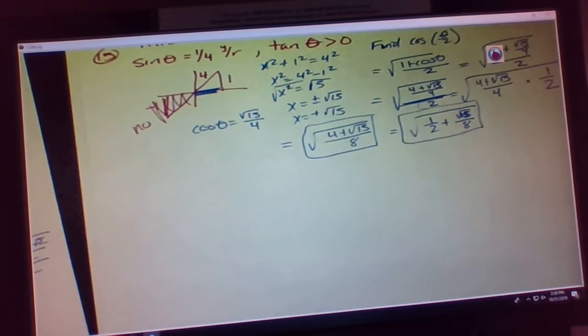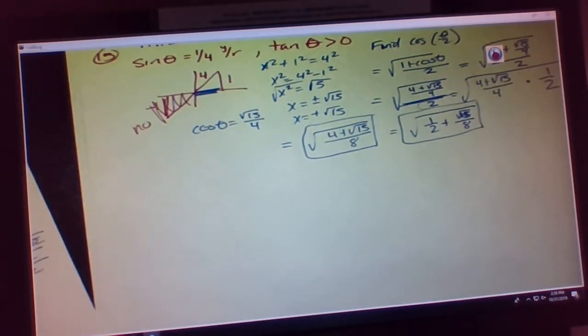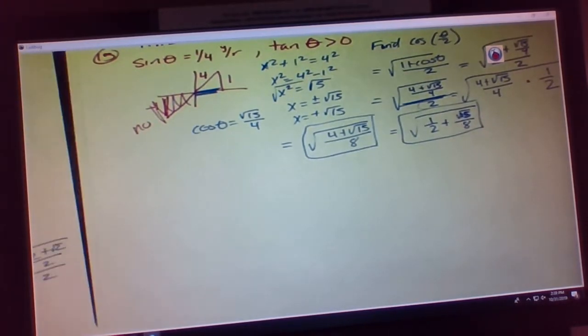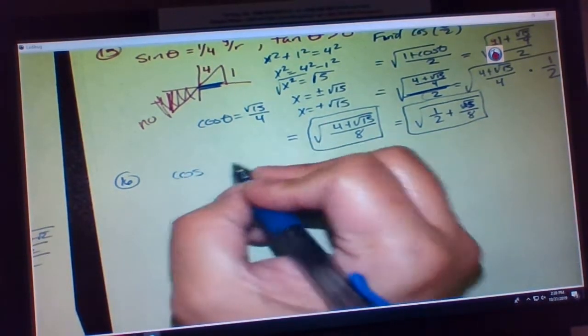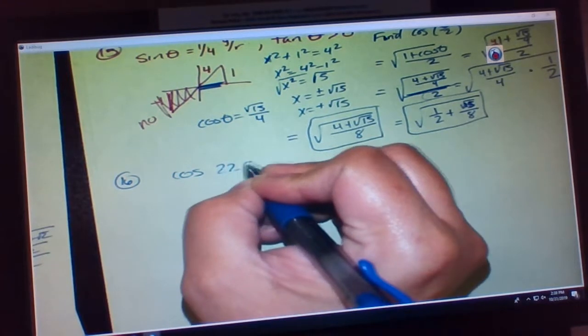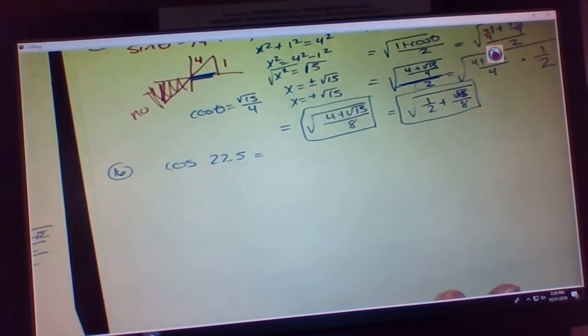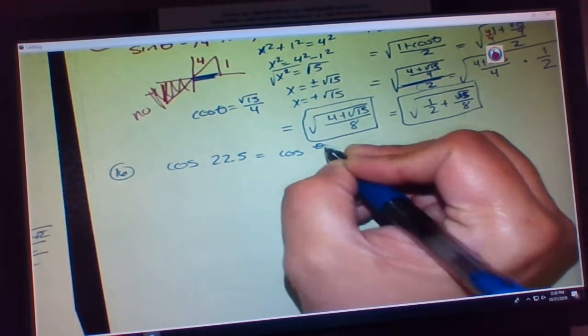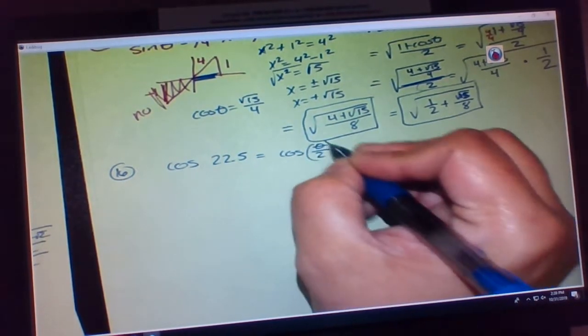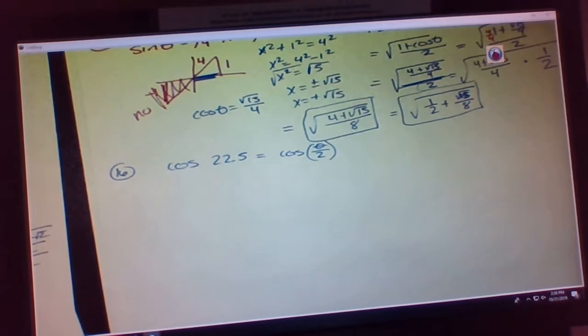The last one from this section, from 7.6, is when they give you a half angle like this. They give you cosine of 22.5. Now, if they tell you this is a half angle, how much is your entire angle?